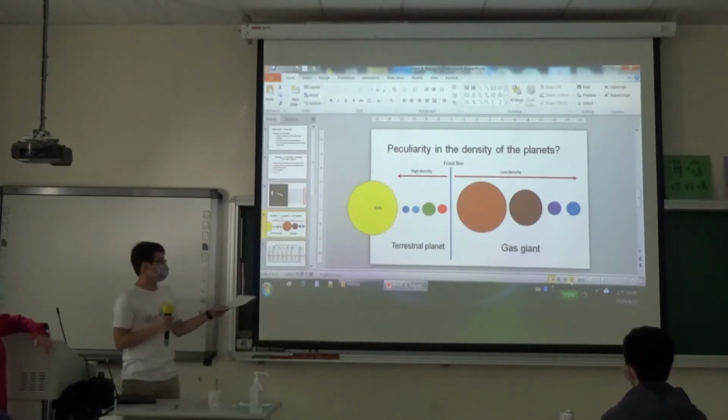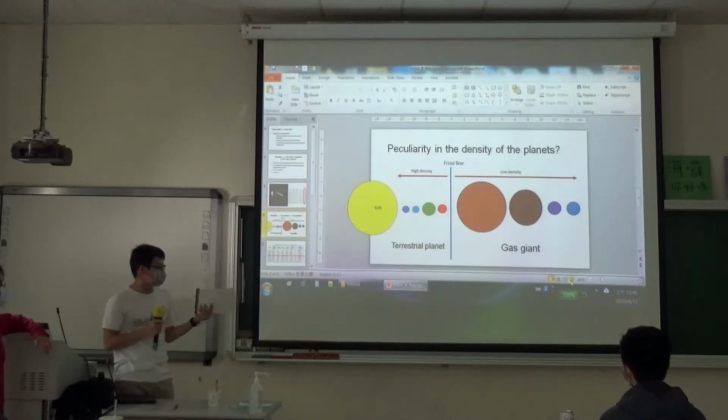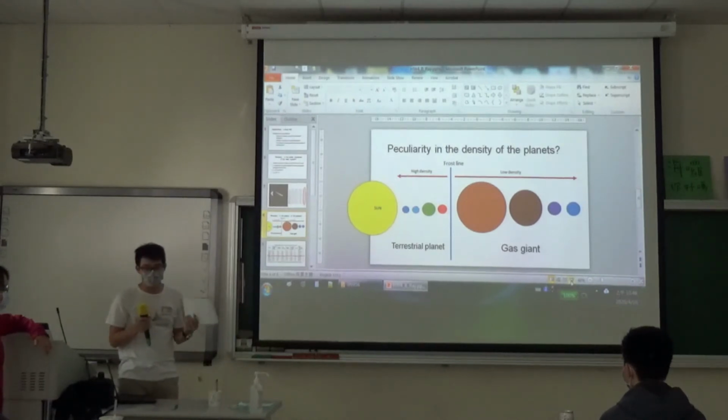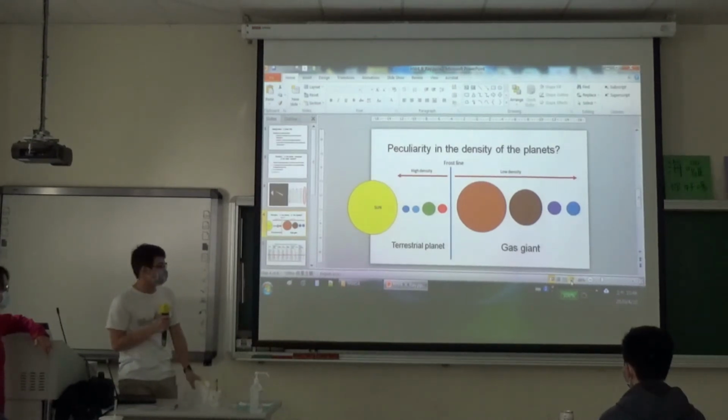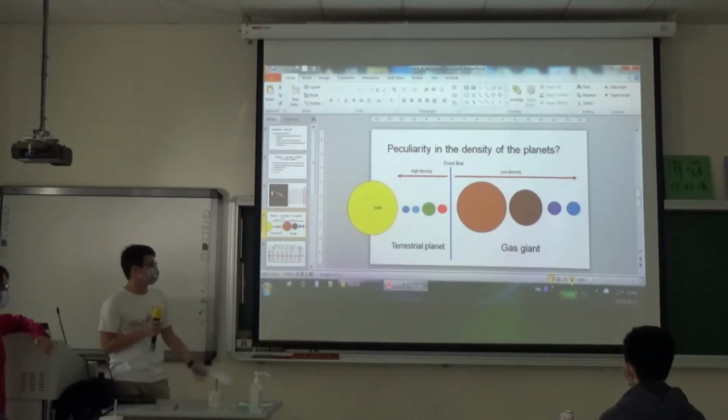And because the terrestrial planets lost their gas and ice to the solar wind, they only retain some rare elements inside the frost line.